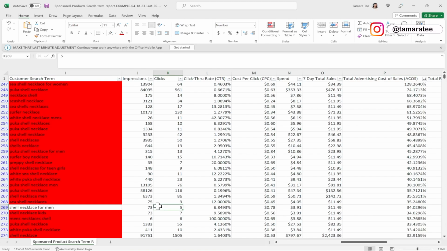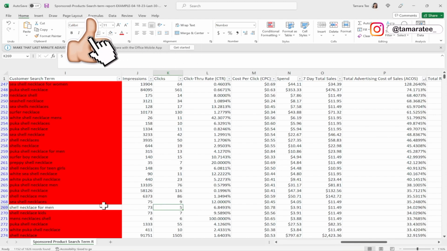So maybe in the next 7 days, 5 clicks become 10 clicks. We have 10 customers clicking on my sponsored ad when they look up shell necklace for men. Maybe my ACoS will now be 24%. That's why you should not negative keywords if the clicks are too low.